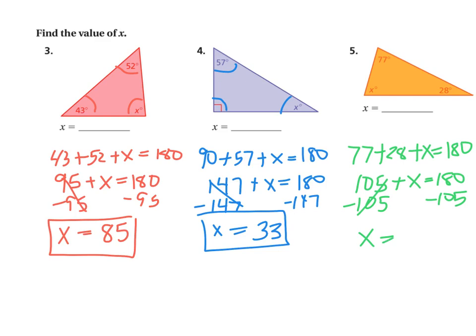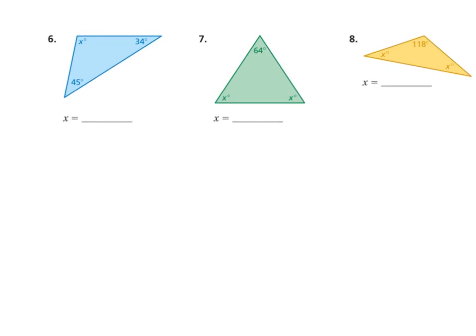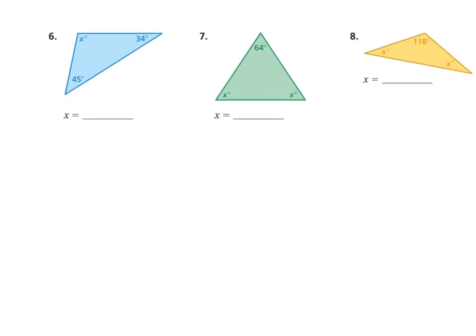Then I get x equals 180 minus 105, gives you 75. All right, let's do 3 more. If at any point I go too fast, all you do is pause the video till you write it down, and then you can keep going.